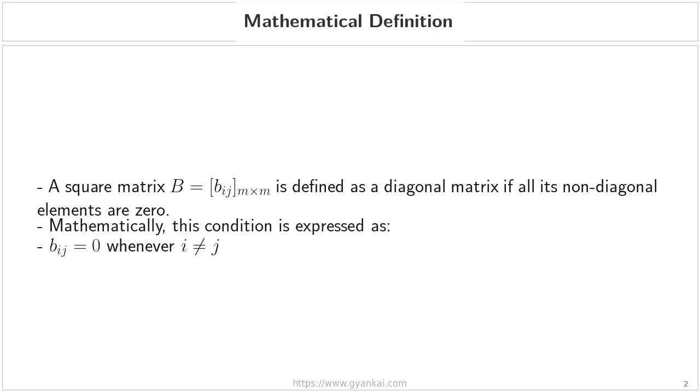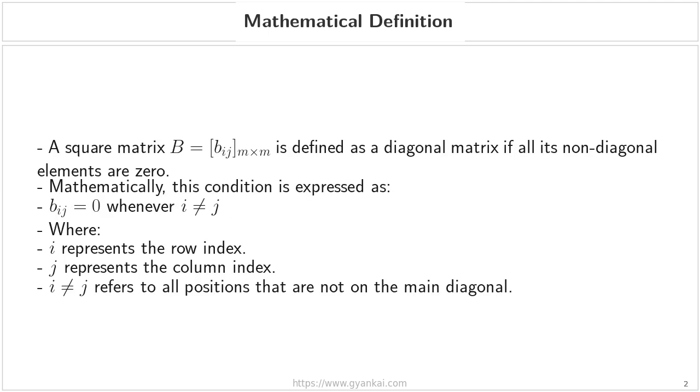To express this condition mathematically, we state that the element b sub ij equals 0 whenever i is not equal to j. To clarify this notation, the letter i represents the row index, and the letter j represents the column index. Therefore, the condition where i is not equal to j refers to every position in the matrix that does not fall on the main diagonal.